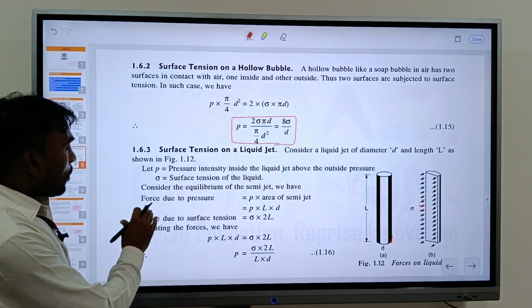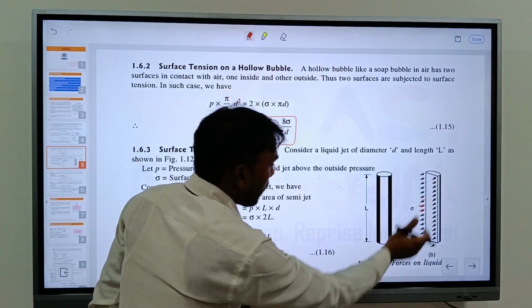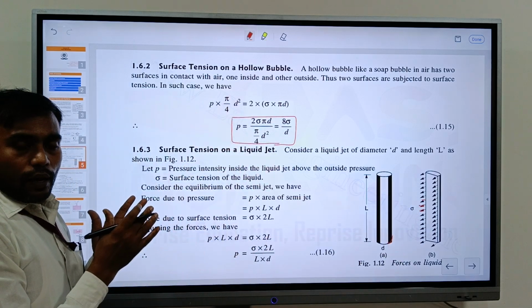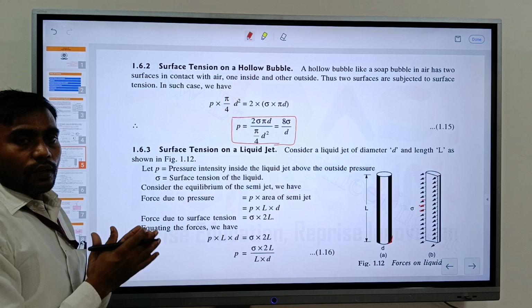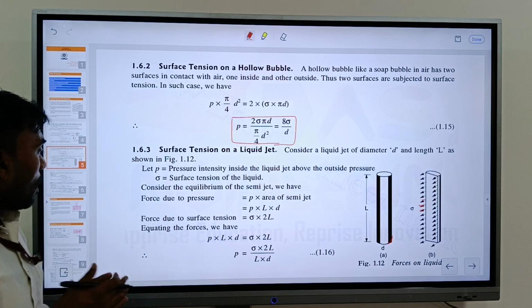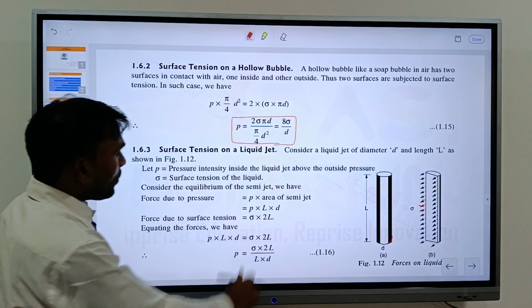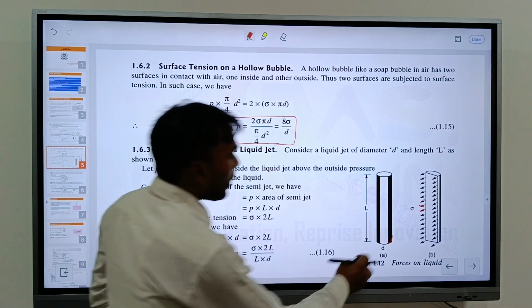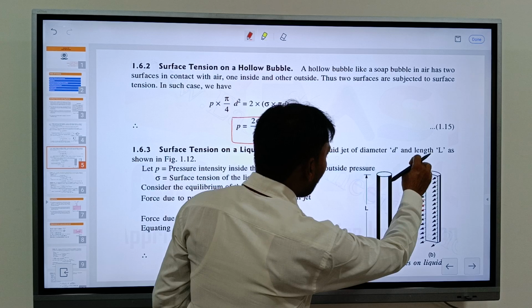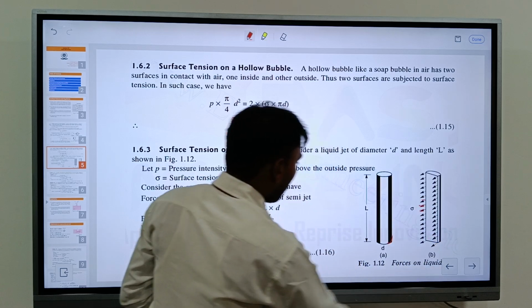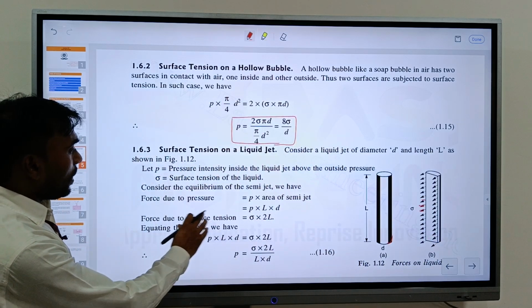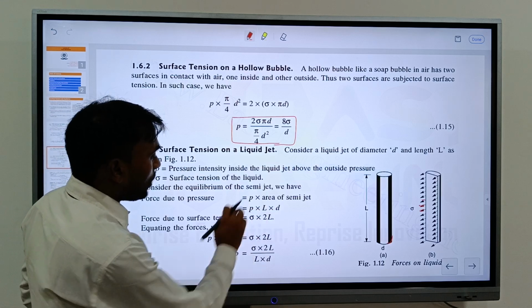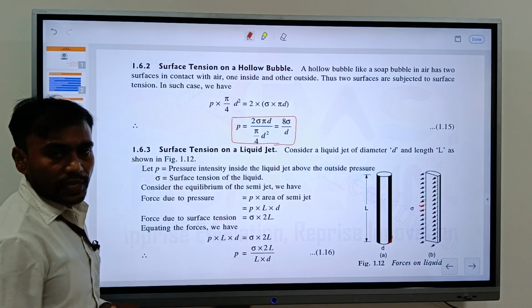Now calculate the forces acting on this and keep them equal. The force due to pressure will be P into the area of the semi-jet. The area of the semi-jet will be, this is the length and this is the width, so area will be L into D, and small p is the pressure intensity.